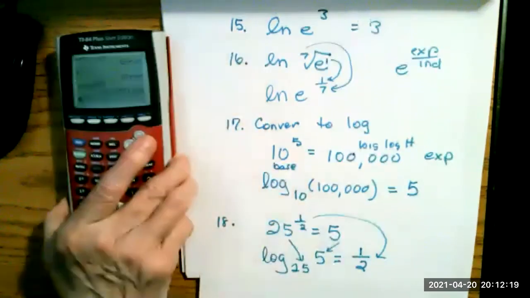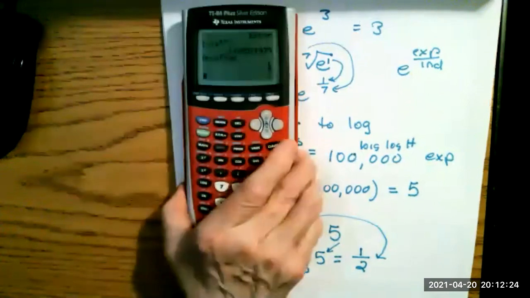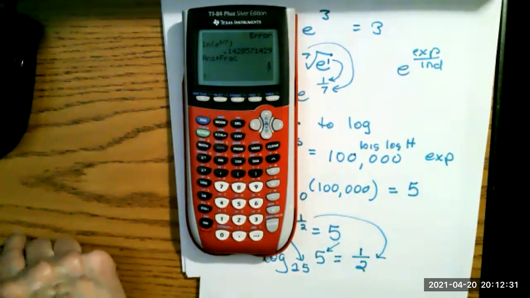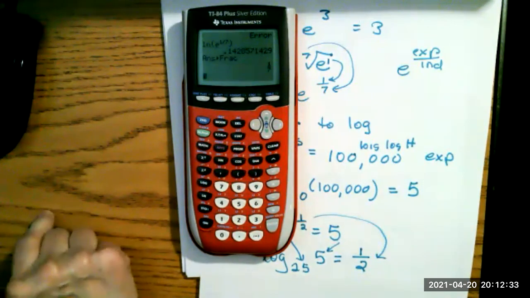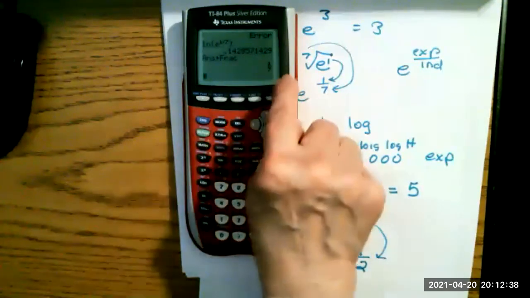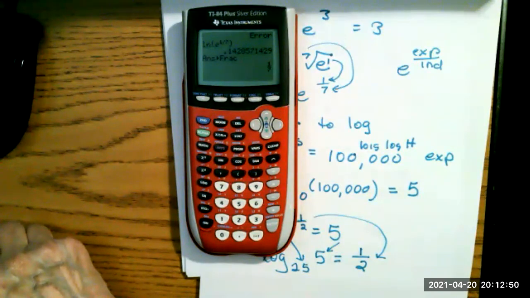Then you do math, fraction, and enter, and it should change it to 1/7. See what I've got? LN parentheses E raised to the 1/7. I get this big long number, and then I change it to a fraction using the math key. Can you see that? Okay.